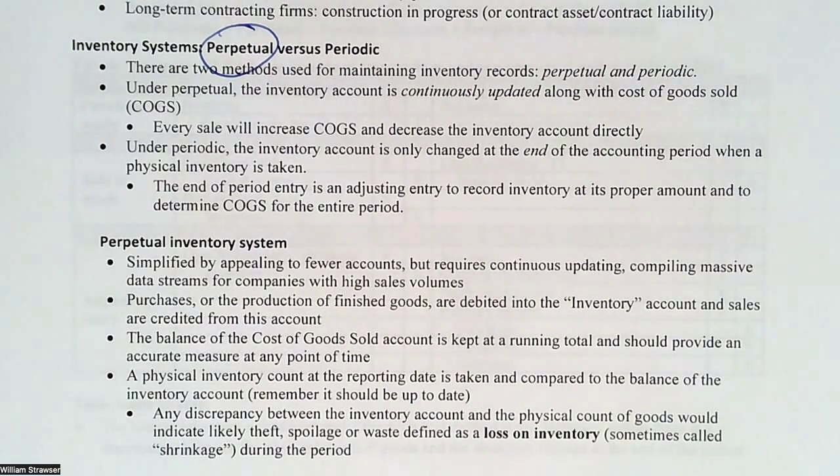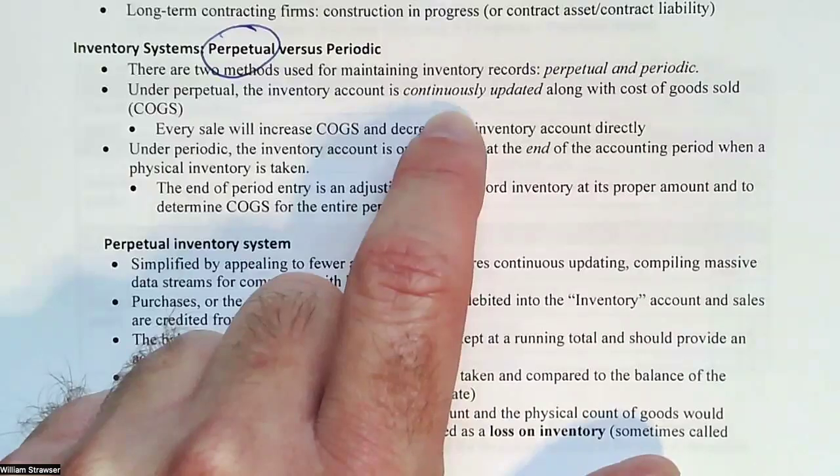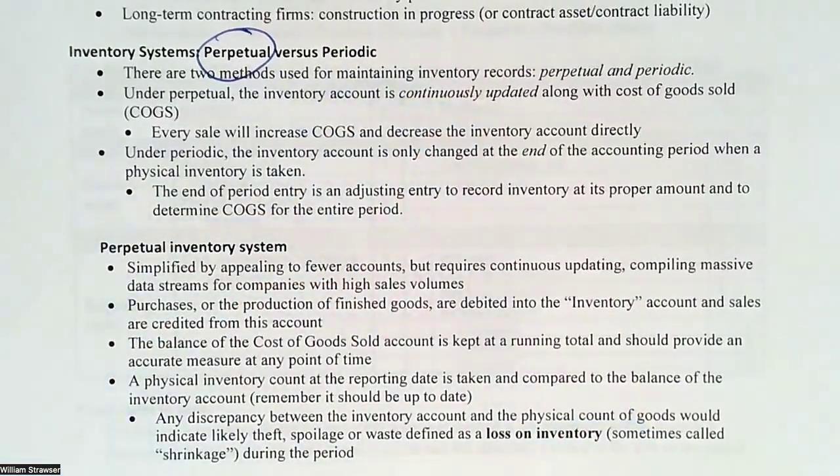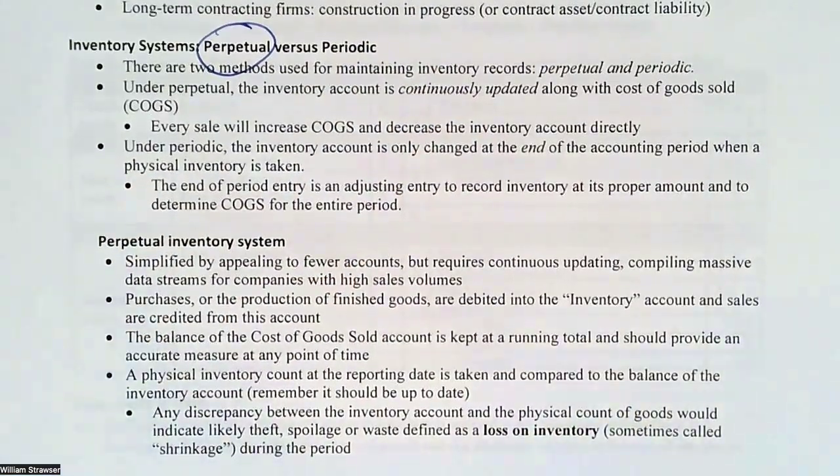Under the perpetual system, we are continuously updating the inventory account. So there are many entries to the inventory account, debits and credits, and we're also recording cost of goods sold. Every time a sale happens, our cost of goods sold goes up and our inventory goes down. Okay. Debit to cost of goods sold, credit to inventory. That's how we work under the perpetual system.